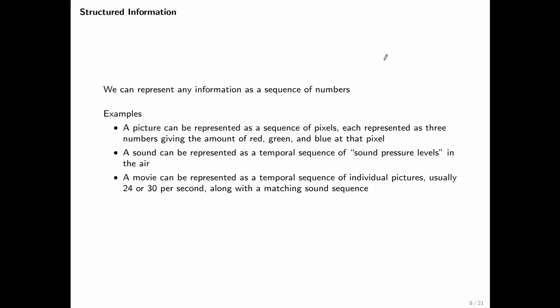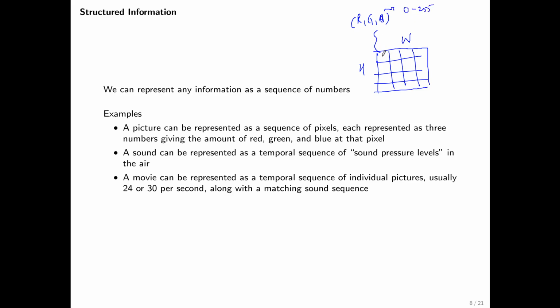Because a picture is something that looks like that. So each of these cells is a pixel, and the picture itself has some height, some width. Now for each pixel, we need three numbers. So we need an R value, a G value, and a B value. And each of these values is a number between 0 and 255.